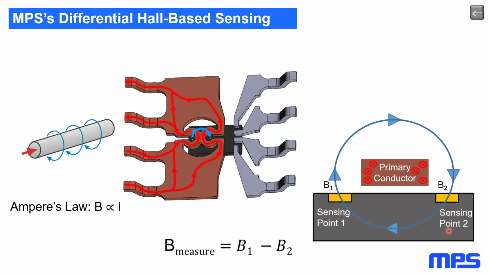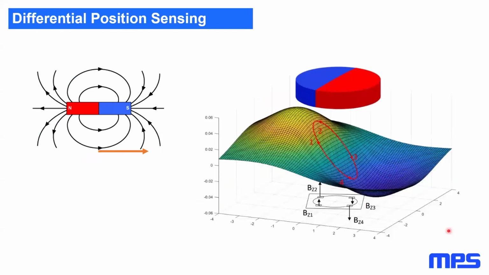In position sensing, we have kind of the same thing. Now, typically in a position sensor, what we're looking at is the magnetic flux in the horizontal direction, let's say. So let's say this is our target magnet, and here's our target magnet in 2D. We have magnetic flux coming out of the north, going into the south. And if we placed our sensor right here, we would see this magnetic flux pointing to the right.